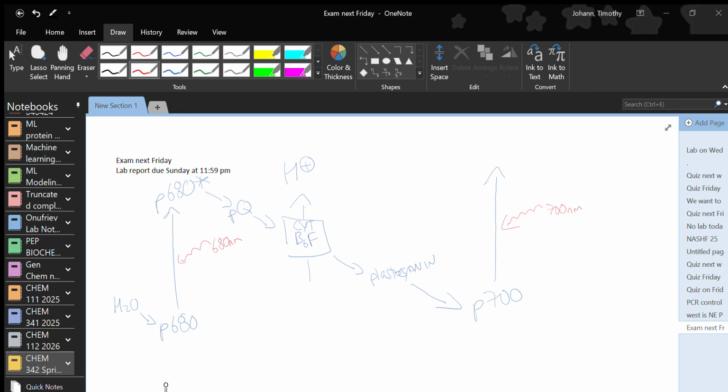They're going to transfer their energy down, bleeding off some of it until you get to something that has this much energy or that much energy. So we can excite these complexes. That's going to excite up to, so that gives us our P700 excited, which can give those electrons to ferredoxin.